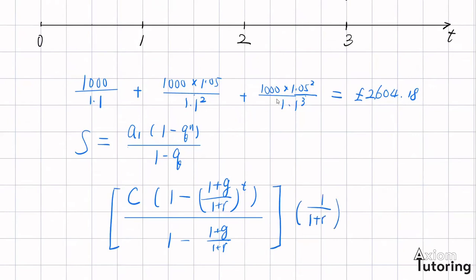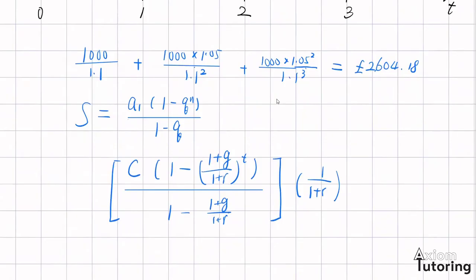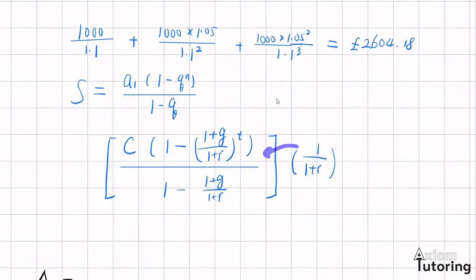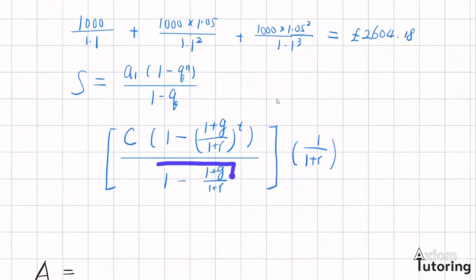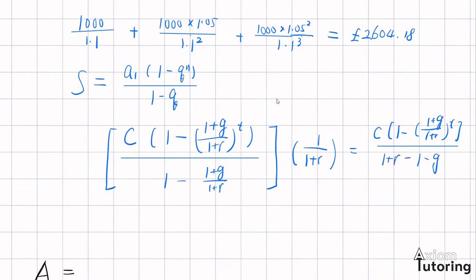Okay, so if we simplify this, basically you can open brackets and multiply this term into the brackets, so it's going to stay on the denominator and on the numerator, and then you're simplifying the denominator a little bit. So it becomes C times 1 minus (1 plus g over 1 plus r) to the power of T, over 1 plus r minus 1 minus g here.